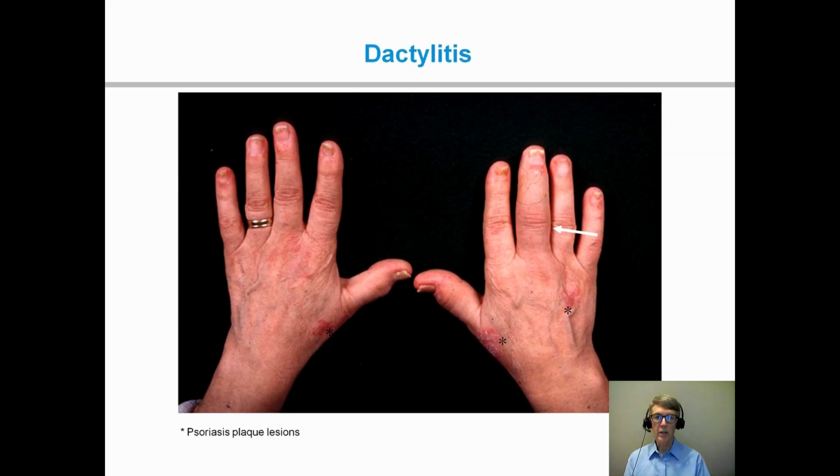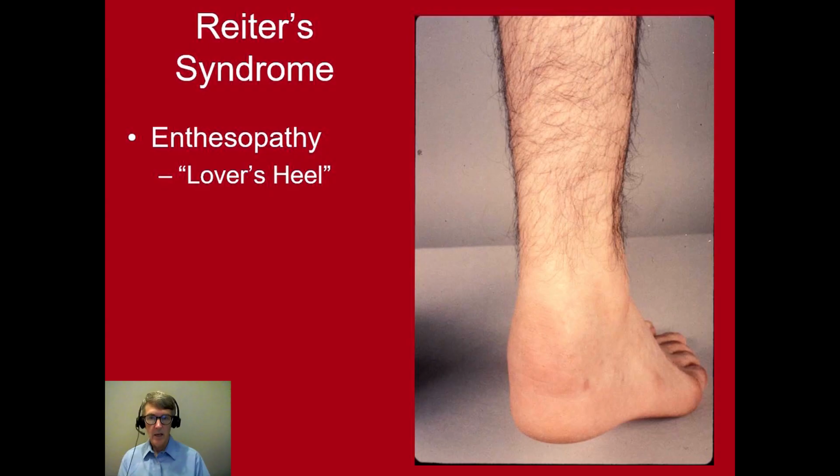This is what we call a sausage digit or dactylitis. Actually, this is probably more in psoriatic arthritis because they're pointing out the psoriatic plaques. But what one can see is that there's involvement of all the joints of a finger, and it can give the finger the look of a sausage, or what we would call a sausage digit. There can be inflammation of the insertion of tendons into bone, or what we would call enthesopathy.